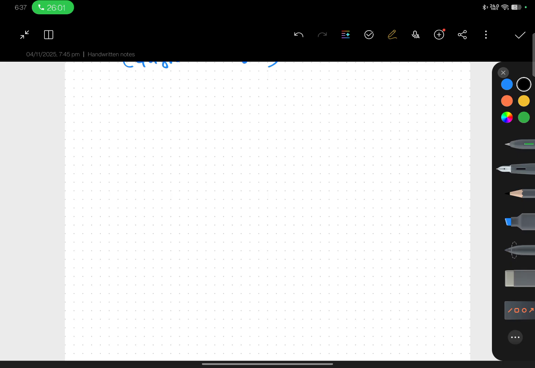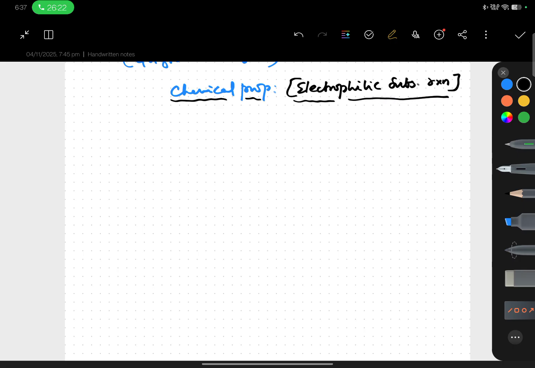Remember, when I talk about the chemical property, the first thing that should come to your mind, please make a note, is that it undergoes electrophilic substitution reaction. So you take the benzene ring and see what all it can react with.